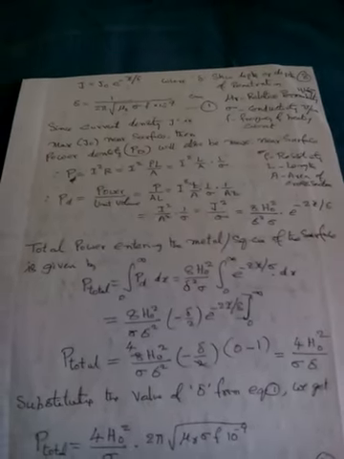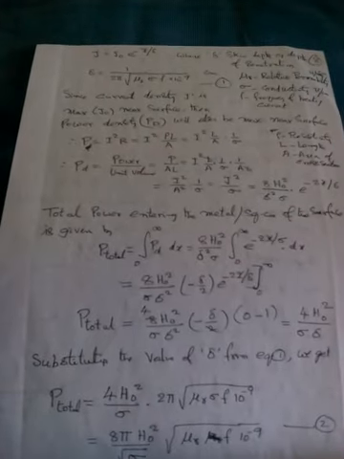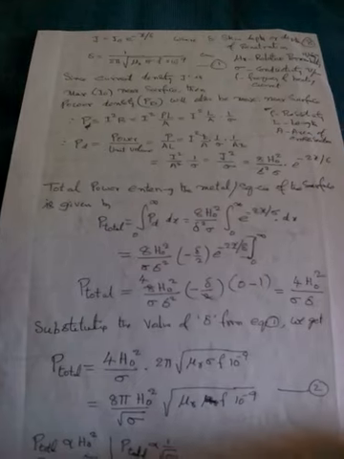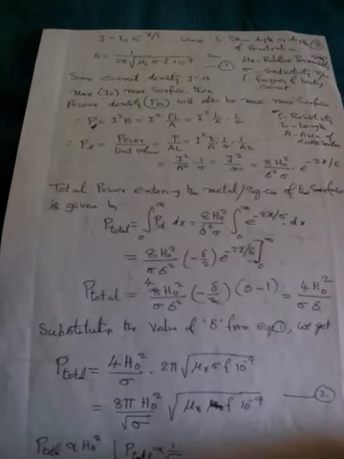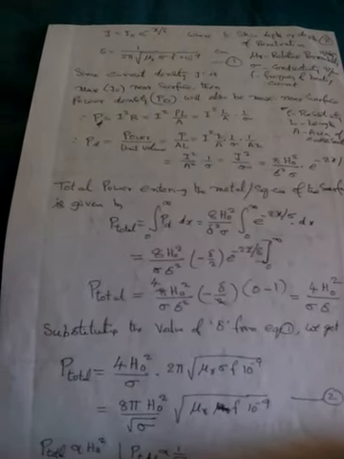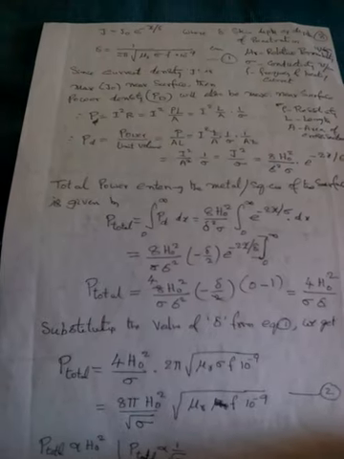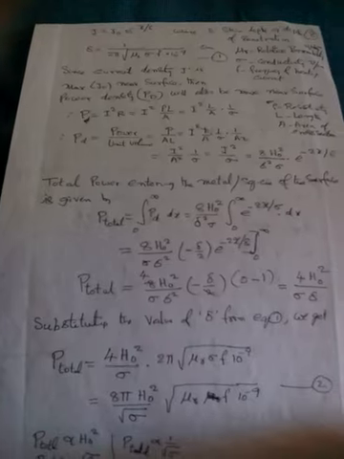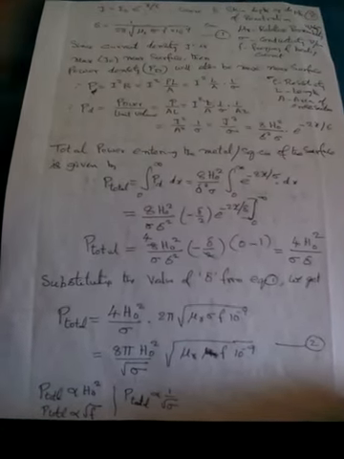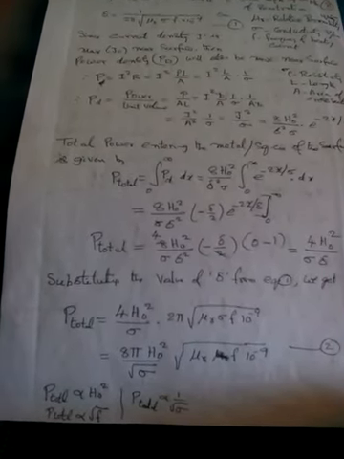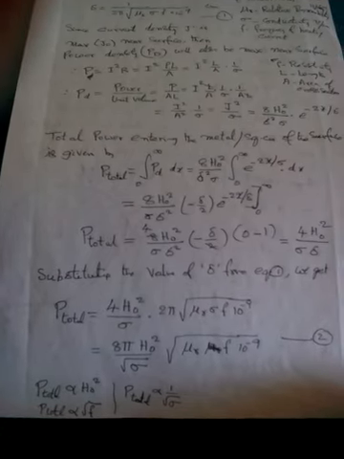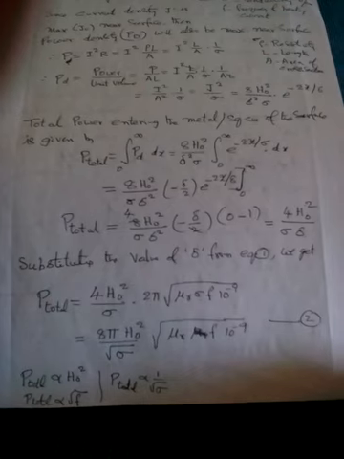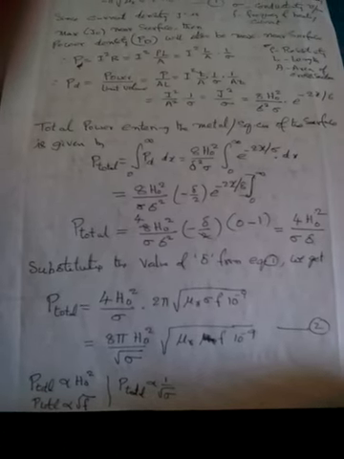If you substitute the equation for skin depth delta, we get another equation, equation 2: total power is equal to 8 pi H naught square by square root of sigma into square root of mu r f into 10 to the power minus 9. Total power is proportional to H naught square, proportional to square root of f, and proportional to 1 by root sigma.